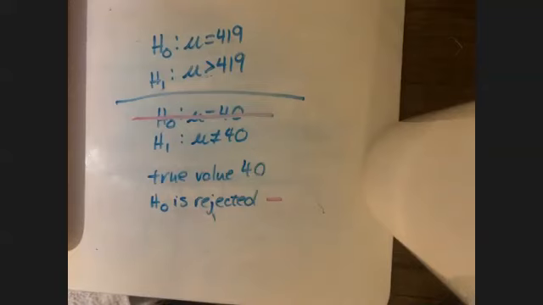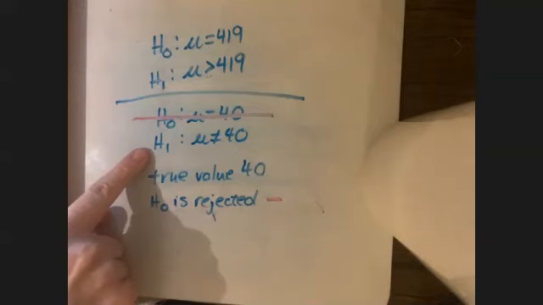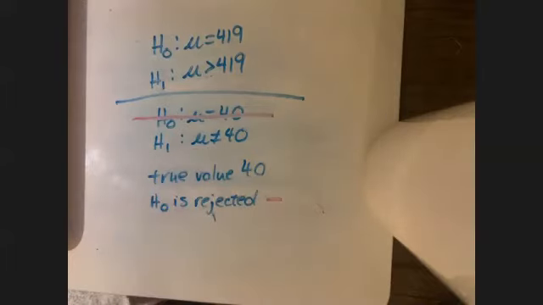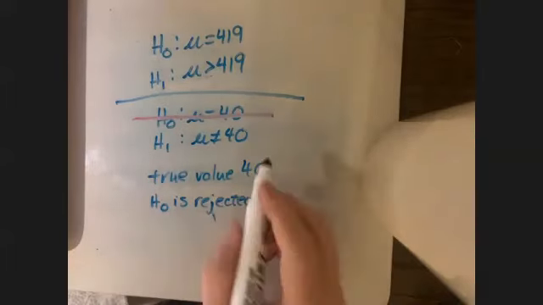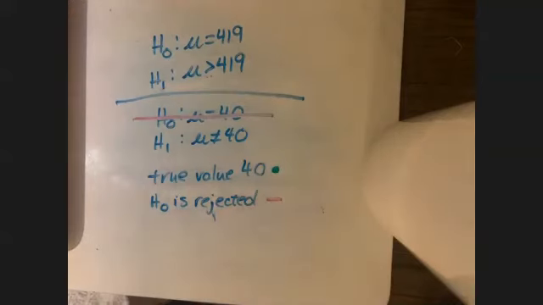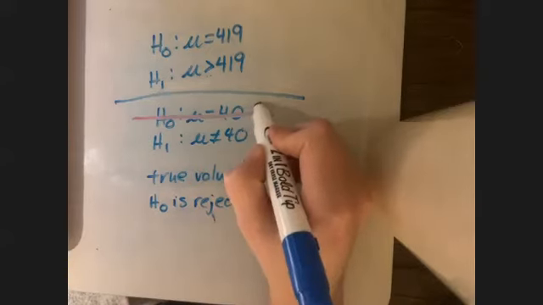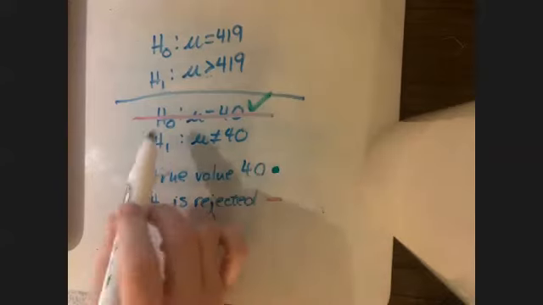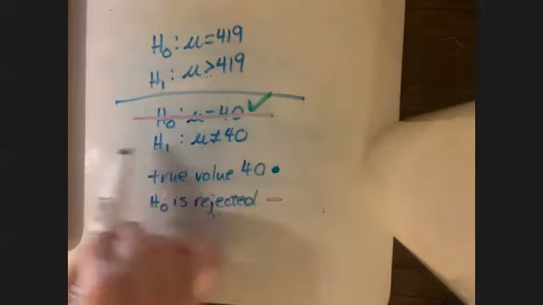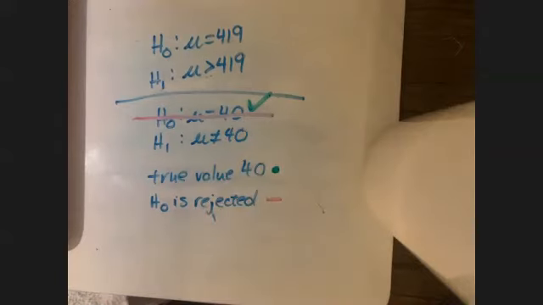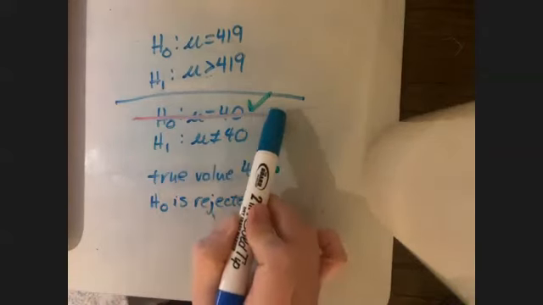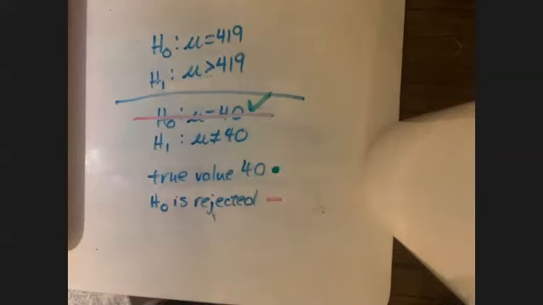If this is gone, you have to go with this decision, so you're deciding that mu is not equal to 40. Now when we look back, it says the real value is 40. But wait a minute, that was this statement up here, which says H naught was the correct response. I should have kept H naught. Since I should have kept this but got rid of it, I messed up. So automatically I'm in a type 1 or a type 2. Now I've got to decide which one it is.